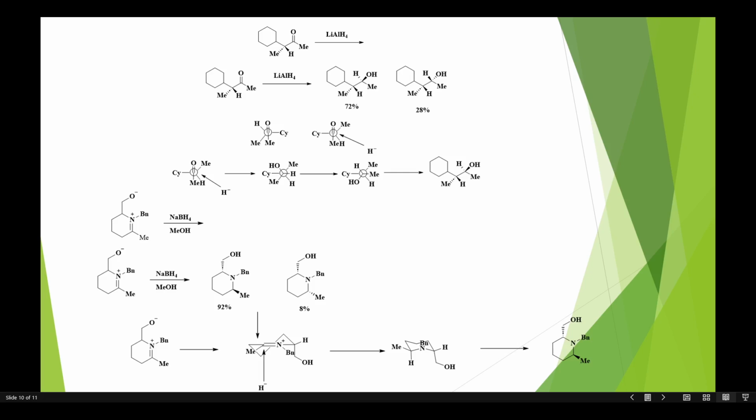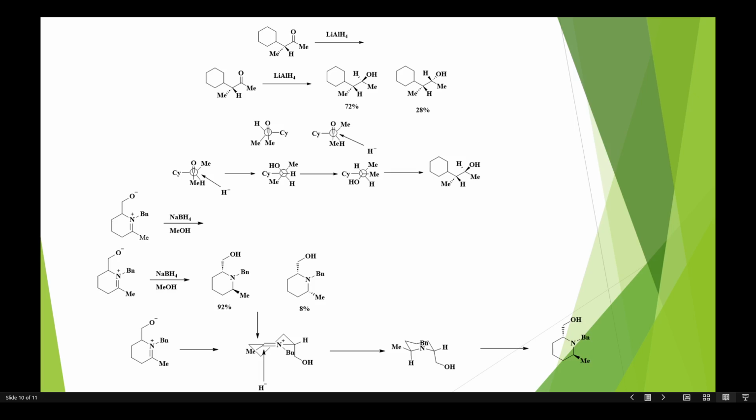From which side your attack happens will depend on which intermediate, which conformer will be formed, your twist boat or your cyclohexane, that is the chair conformation. If it forms the chair conformation, that chair conformation is much more stable, and you will get it as the major product. This is the only reason.